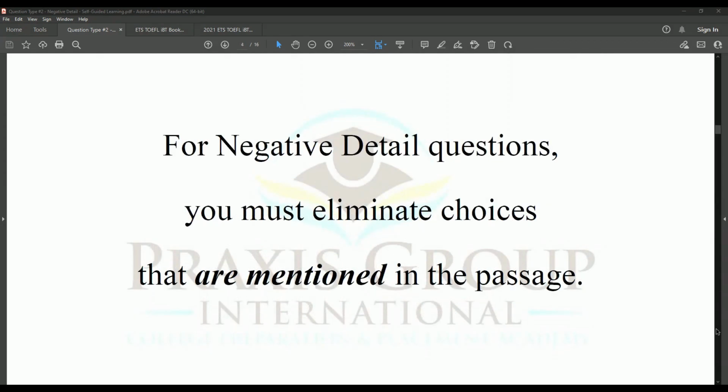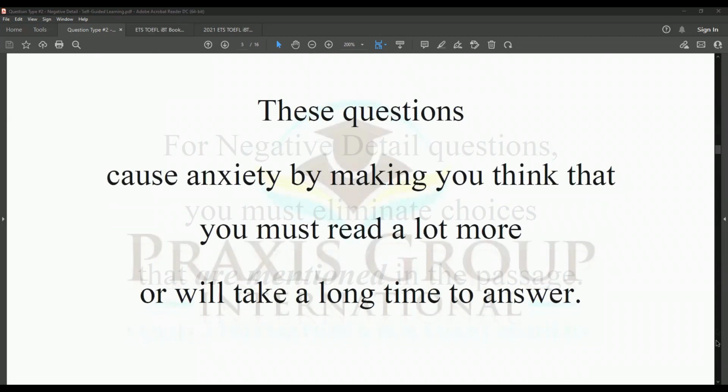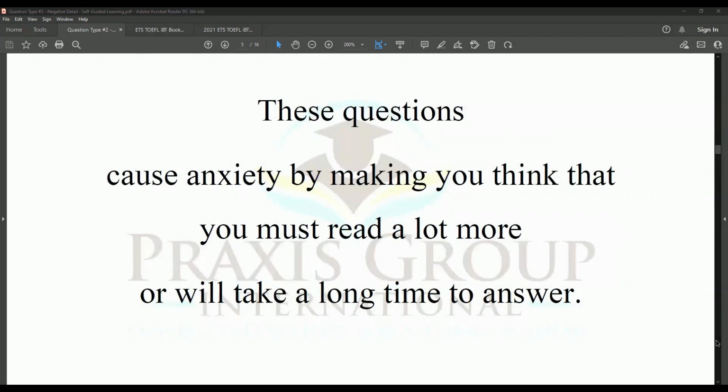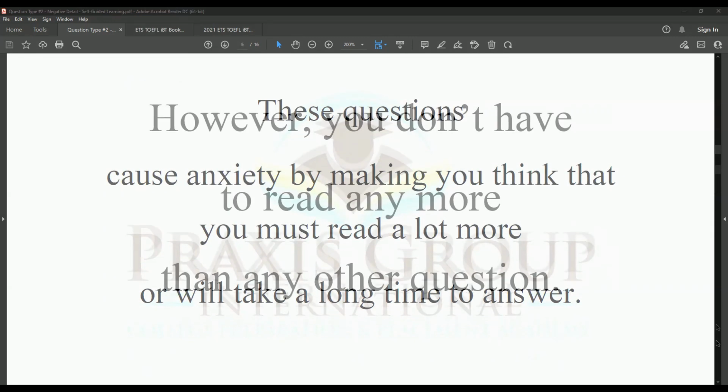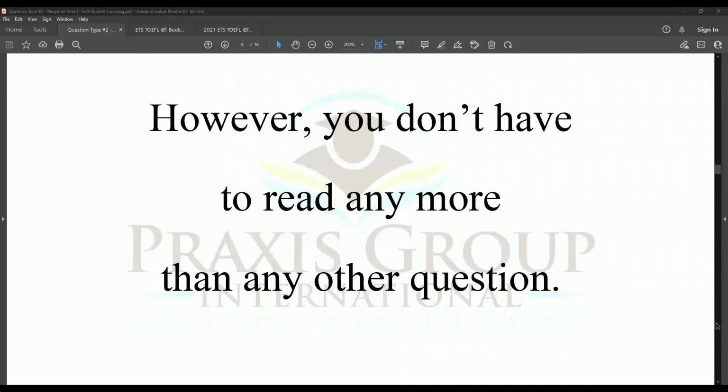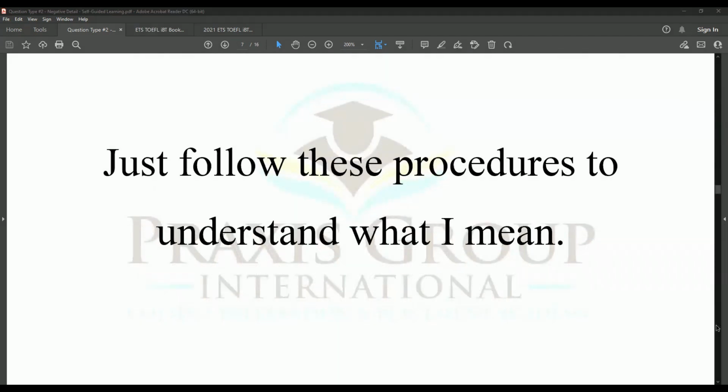For negative detail questions, you must eliminate choices that are mentioned in the passage. These questions cause anxiety by making you think that you must read a lot more, or will take a long time to answer. However, you don't have to read any more than any other question. Just follow these procedures to understand what I mean.